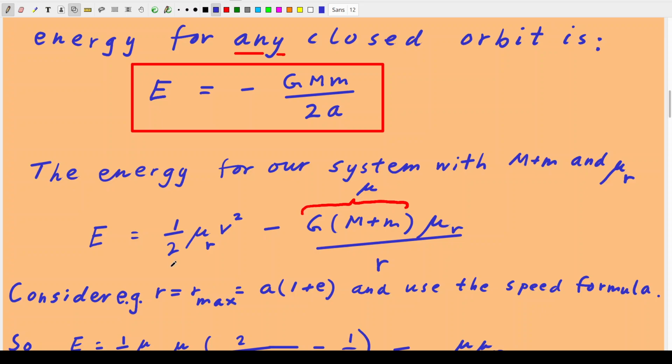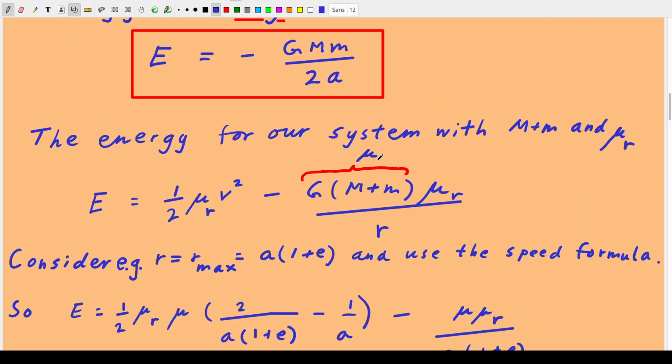So this is 1/2 times the mass, which is the reduced mass, times the velocity squared. And then there is a potential energy, which is minus G times one mass times the other mass divided by r. It comes from Newton's gravitational law, where the negative gradient of the potential energy equals Newton's force.